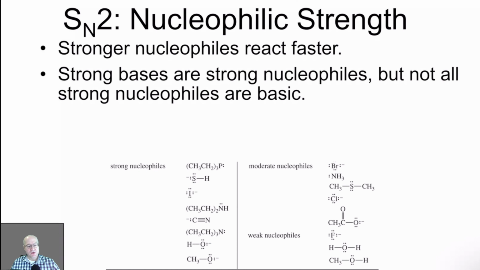So is a negatively charged thing more likely to attack a proton or more likely to attack an electrophile, pardon me. If it's more likely to attack a proton, that's a base. If it's more likely to attack something that's not a proton, that's a nucleophile. Nucleophiles attack anything but hydrogen or protons. Bases always attack protons. Bronsted bases, that is.